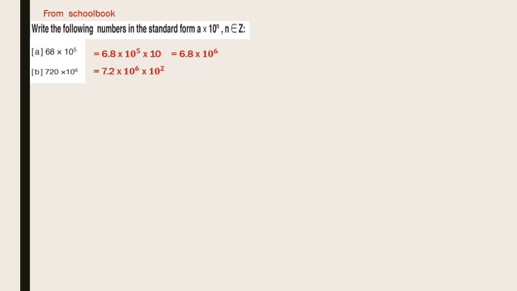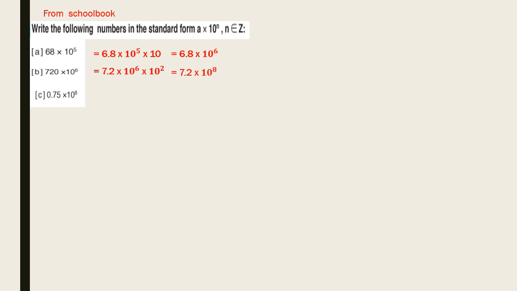So you move to the left 2 steps. You must multiply by 10 power 2. So we have 10 power 6 times 10 power 2. Add the powers, it will be 7.2 times 10 power 8.